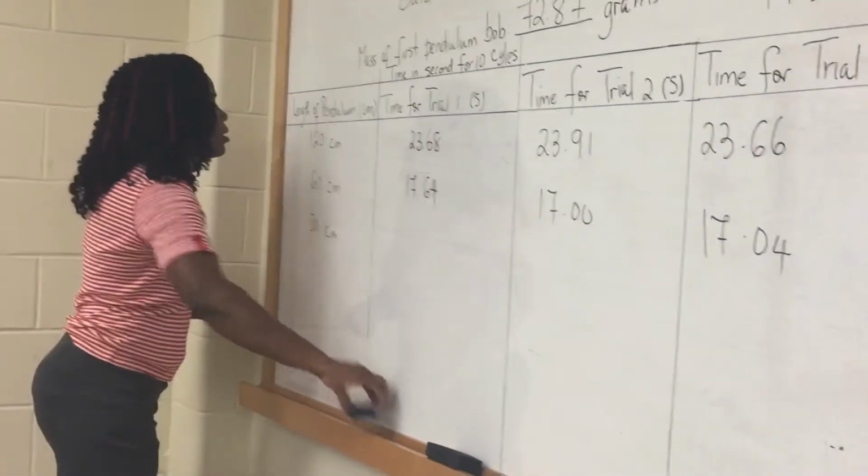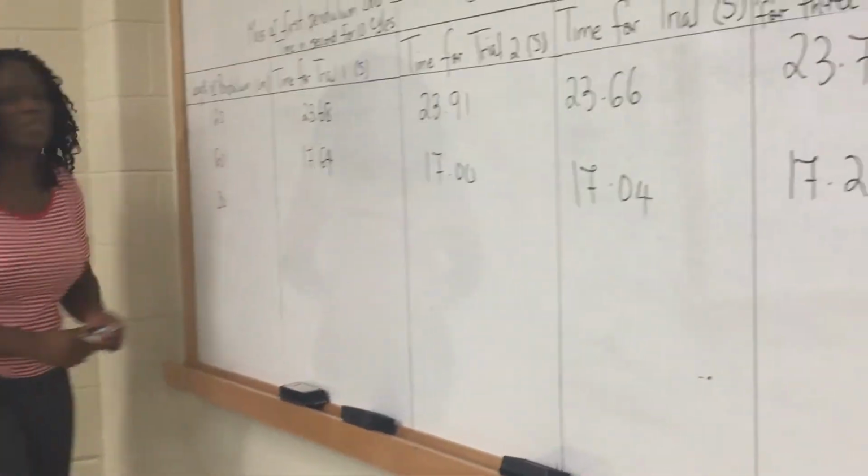All right, now we go on to the third length, and that's going to be 30 centimeters. So the third length is 30 centimeters. All right, so I'm going to find the length that corresponds to 30 centimeters.